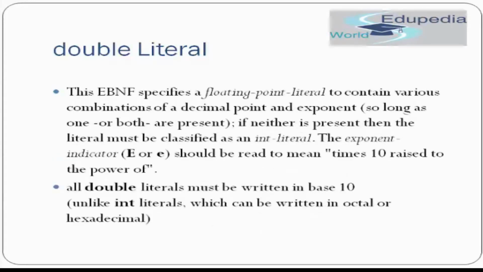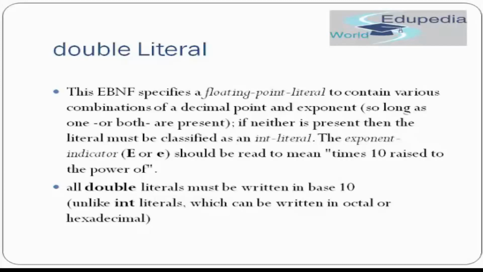Let's see. The EBNF specifies a floating point literal to contain various combinations of a decimal point and exponent, so long as one or both are present. If neither is present, then the literal must be classified as an int literal. The exponent indicator, capital E or small e, should be read to mean times 10 raised to the power of.